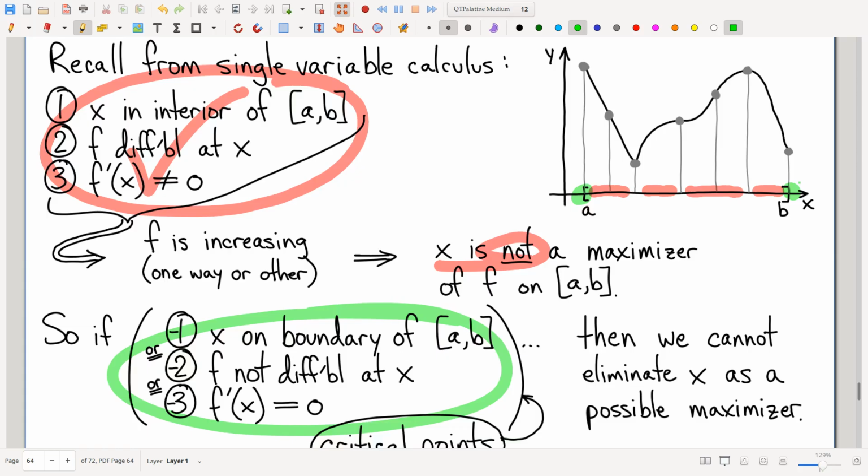Likewise for these other conditions, points where one of the conditions fails: at this point it's not differentiable. At this point the derivative is zero. At this point the derivative is zero. A handful of points that we can't eliminate. The overwhelming majority of points typically are eliminated.